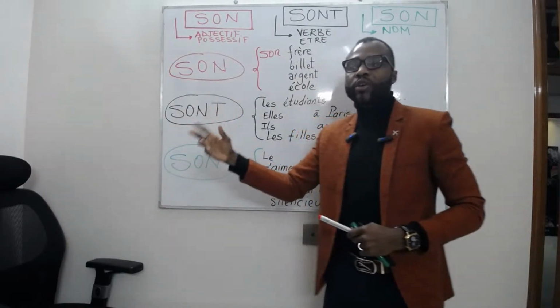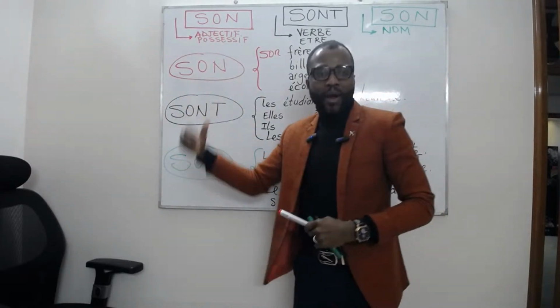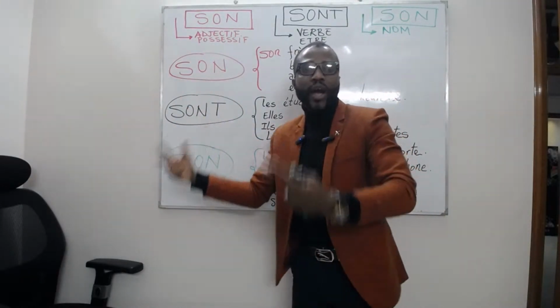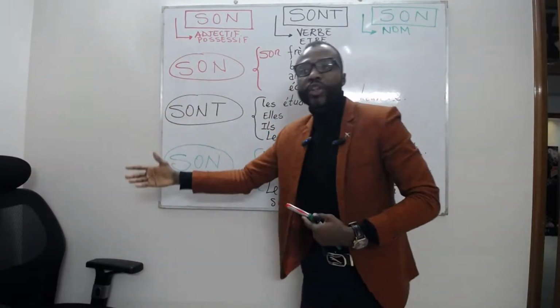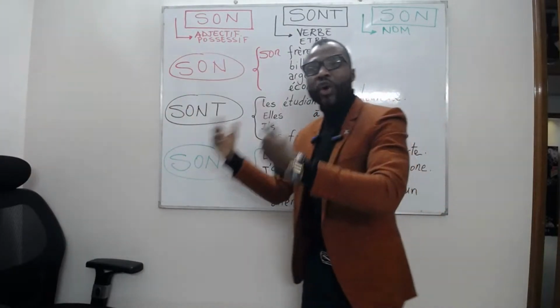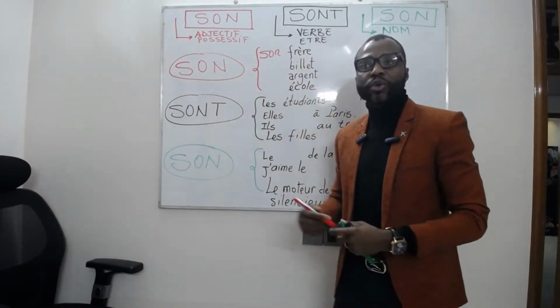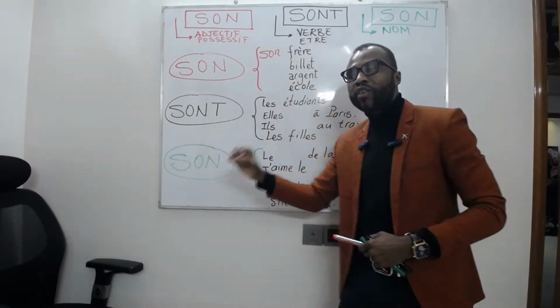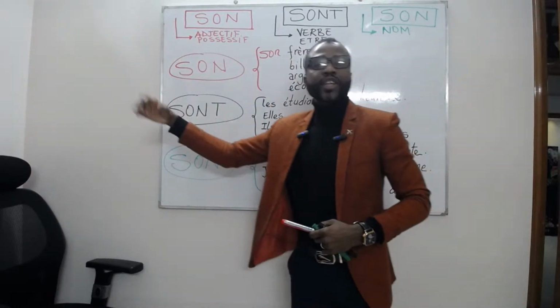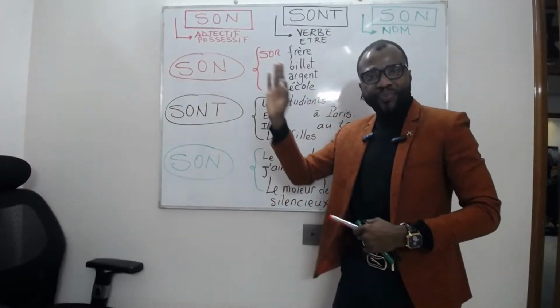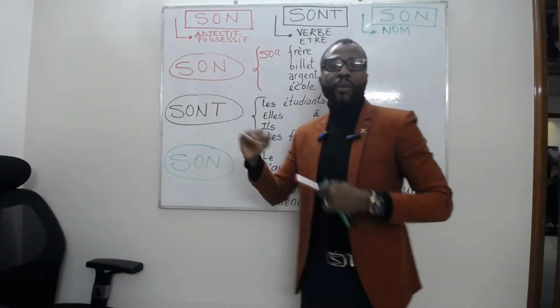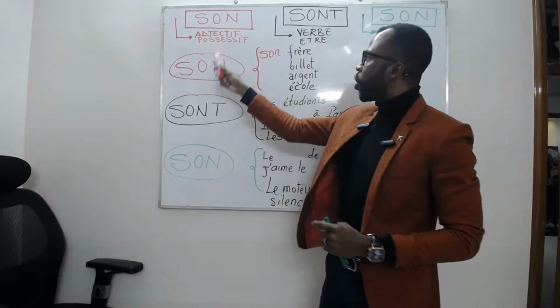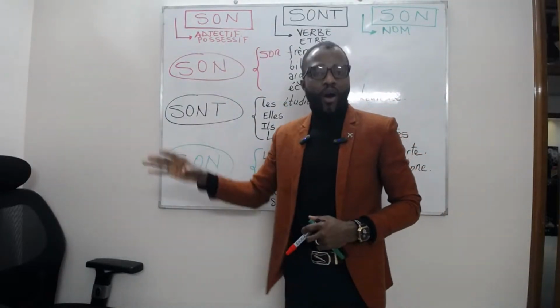We say son because the object is a masculine noun, because we say un téléphone. Un ordinateur, because ordinateur is used with un. L'ordinateur is a masculine noun, so we say son ordinateur, even if it belongs to a female person or a male person. So it's used only for masculine objects.